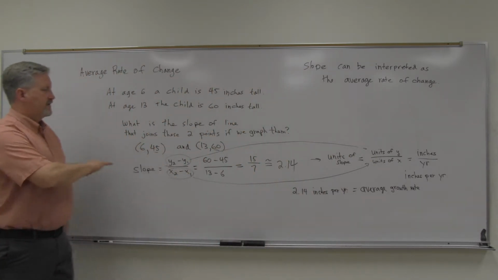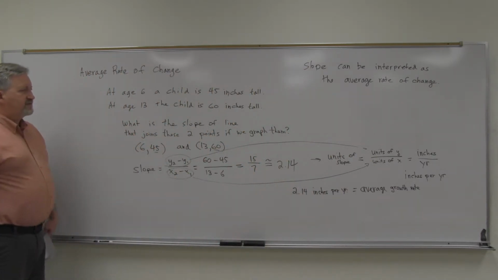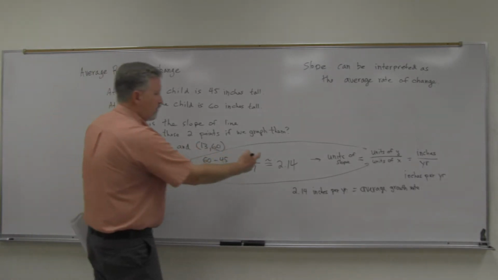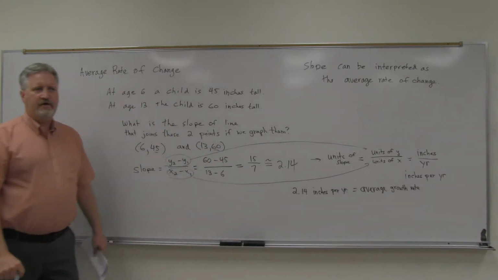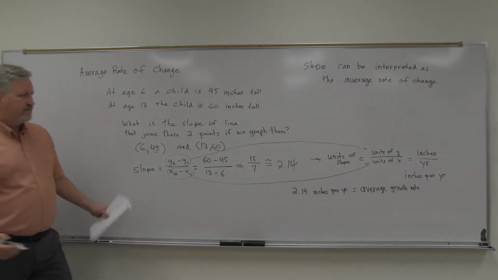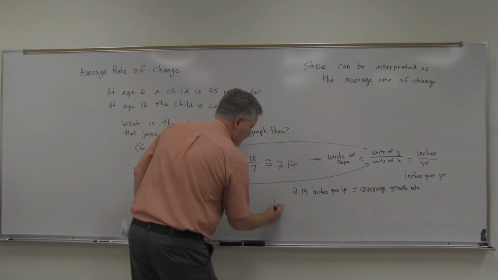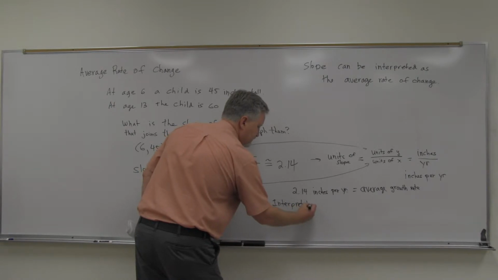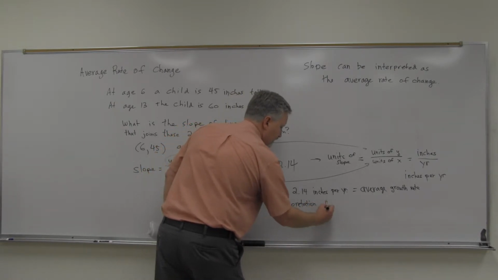So to put this another way, what is the interpretation of the slope being 2.14? It'll ask you sometimes about that.